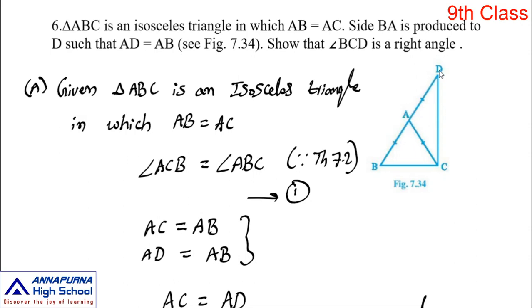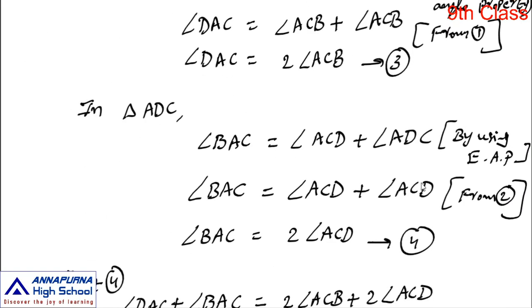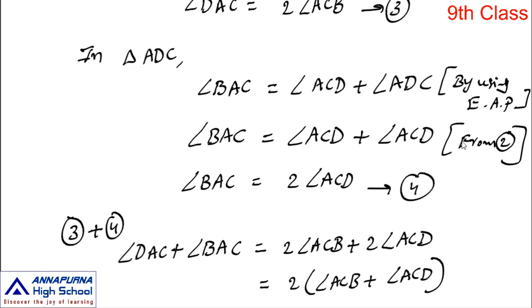So angle DAC plus angle BAC is equal to 180 degrees, since these two angles are a linear pair of angles.